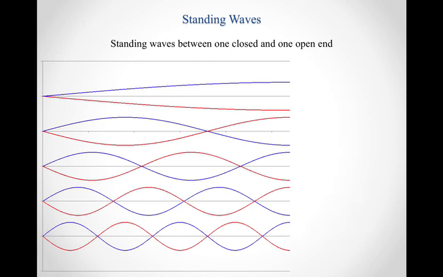Again, if we want to think about the structure here, closed at this end, open at this end means that this is half of a hump, which is another way of saying it's 1/4 of a wavelength. So the wavelength for my fundamental standing wave for an open-closed standing wave is 4 times the length of the medium.